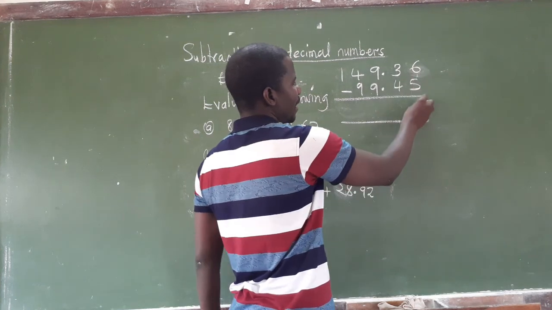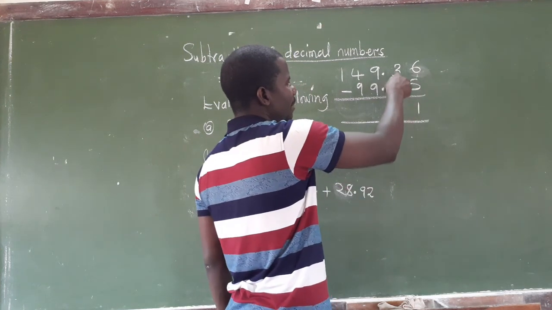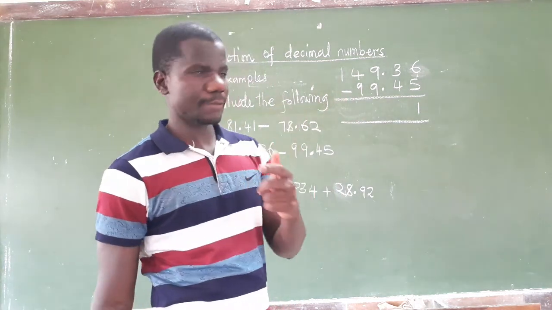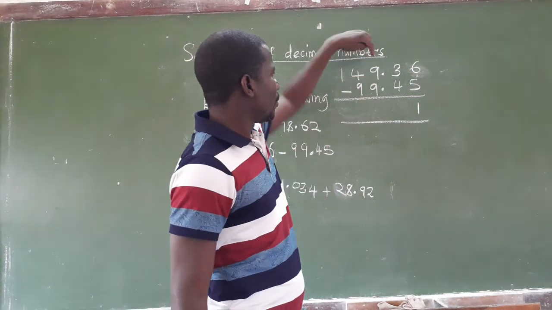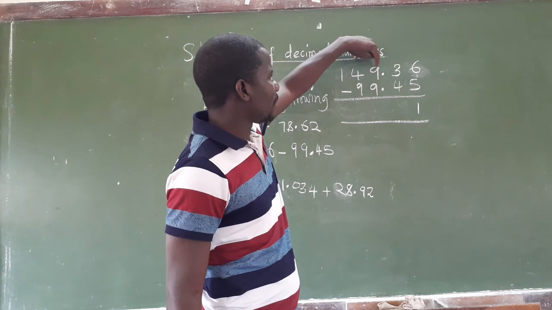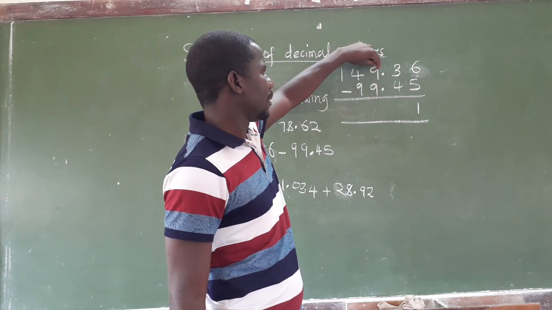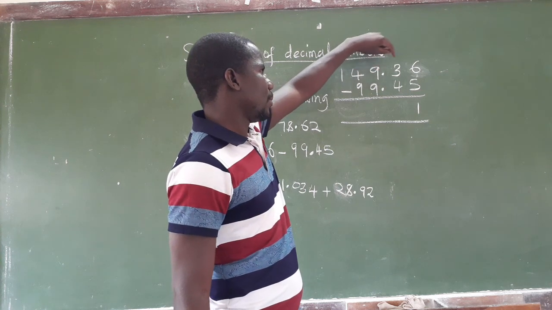6 minus 5, we have 1. Then 3 minus 4, you know we cannot. So we need to redo that process where we are saying, we're going to get 1 from this. Okay? We're going to get 1 from this 9 here and bring it here.